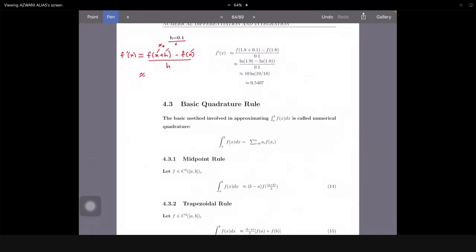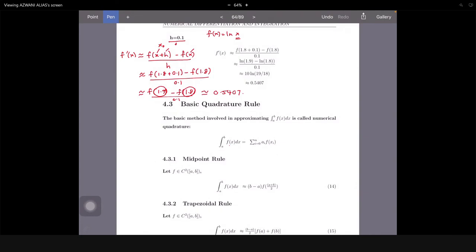So substituting, we get 1.8 plus, let's say h here is 0.1, minus f(1.8), divided by 0.1. So f(1.9) minus f(1.8) divided by 0.1. We know our function f(x) is ln x, so we put in the values of x, 1.9 and 1.8. You will get the answer 0.57.